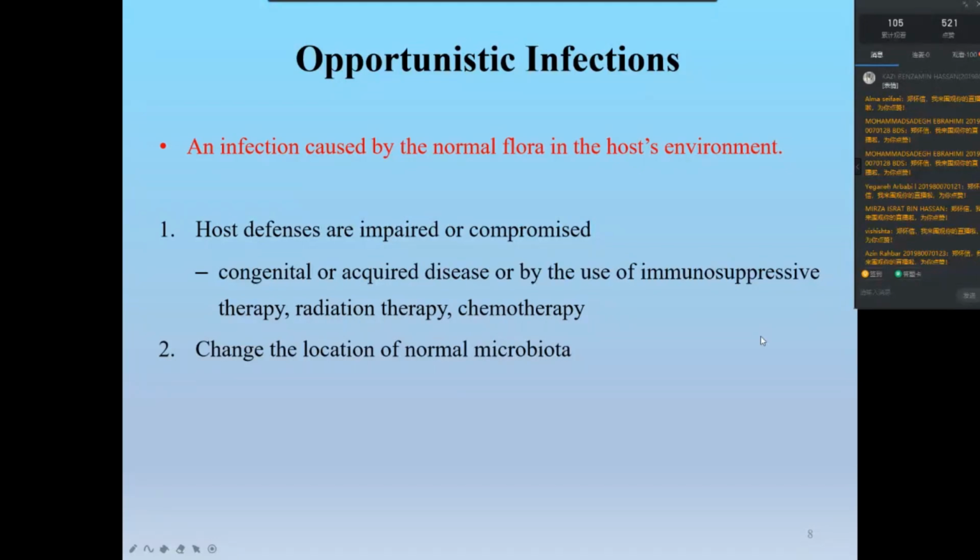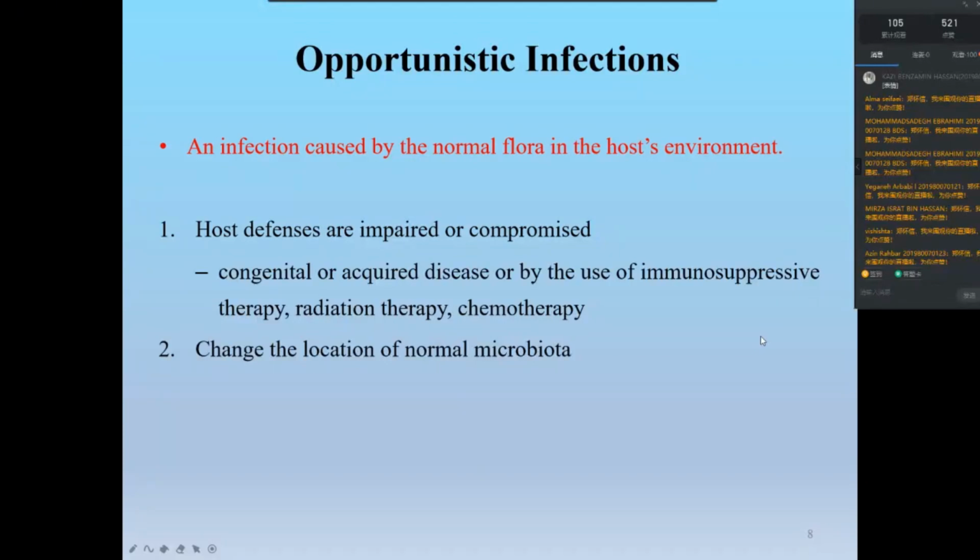Okay, before we take a break, we need to talk a little bit about the host defenses. Actually, there are multiple layers of host defenses. The major part is the immune system, what we learned in our immunology class. We won't talk about that in detail. But we also have other layers, including our skin.